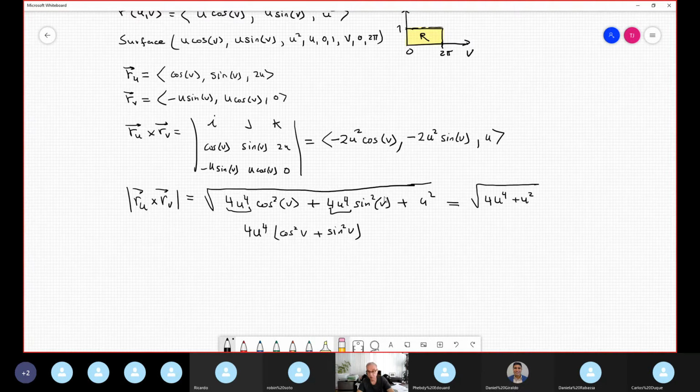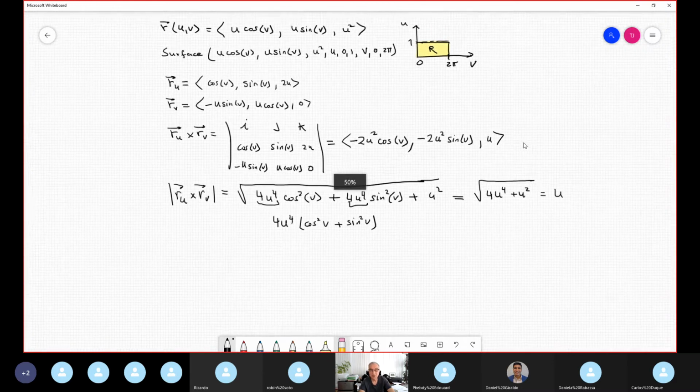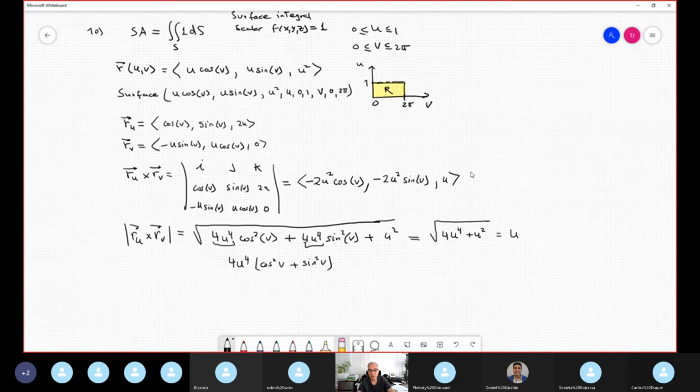No, because we can factor out u square, and u square inside the square root, you put as u outside. Actually it's absolute value, but it doesn't matter because the value of u in our problem is from 0 to 1, never negative. So it's not necessary to put absolute value here. Then 4u square plus 1.